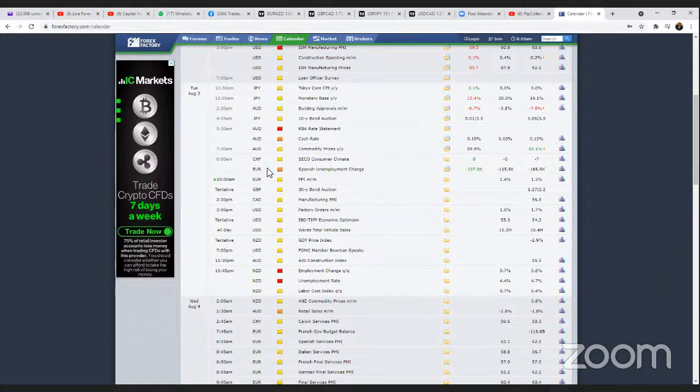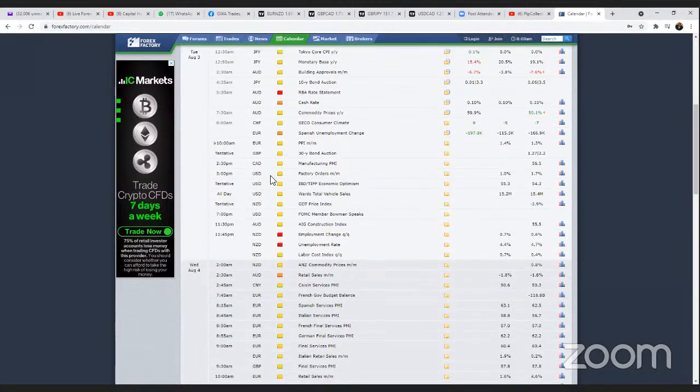It's currently just past 9 in the UK. So this is where we're going to be looking at the chart from. 8 o'clock going down. They all seem to be red folder events. Sorry, not red, yellow folder events. As you can see, when you put your cursor on it, it says low impact expected.